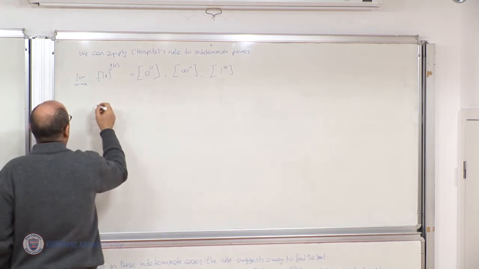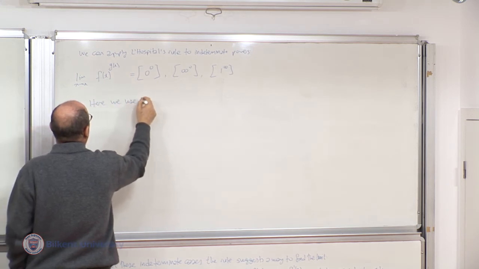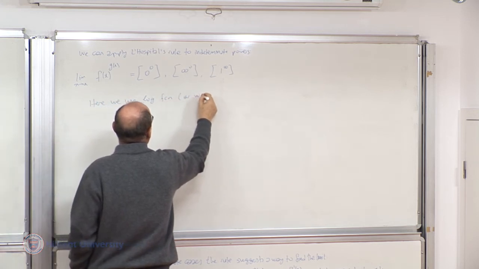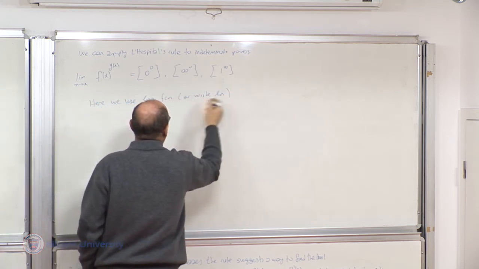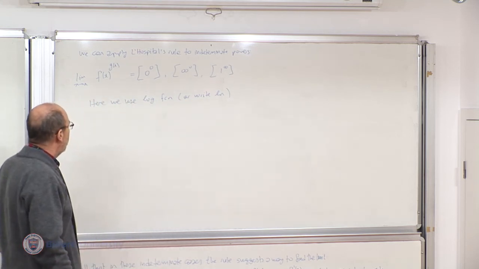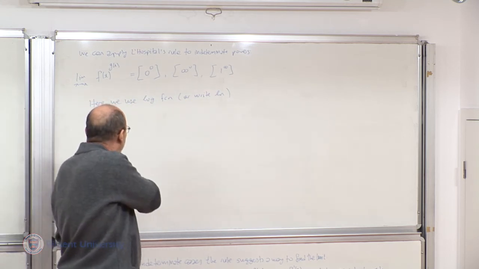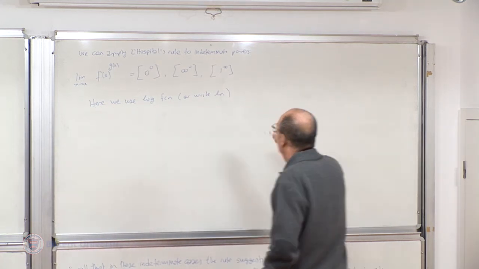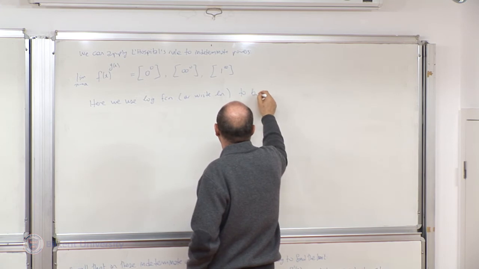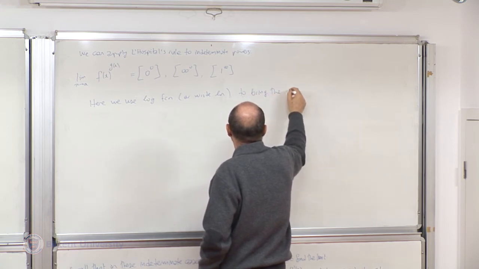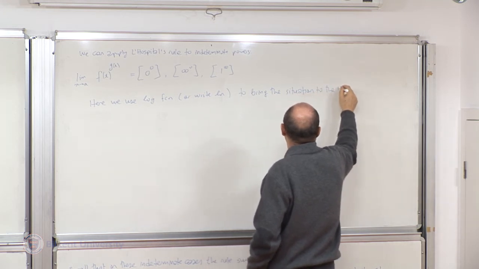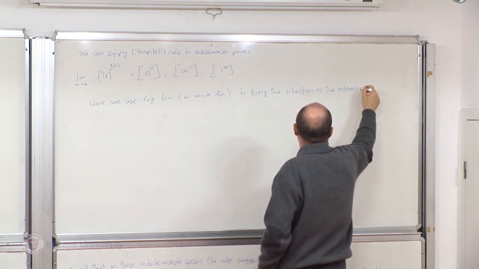Okay, so here we use the log function, or write ln. I use these things interchangeably because I forget whether I am in complex calculus or real calculus. Here we use the log function to bring the situation to the interest of L'Hopital.